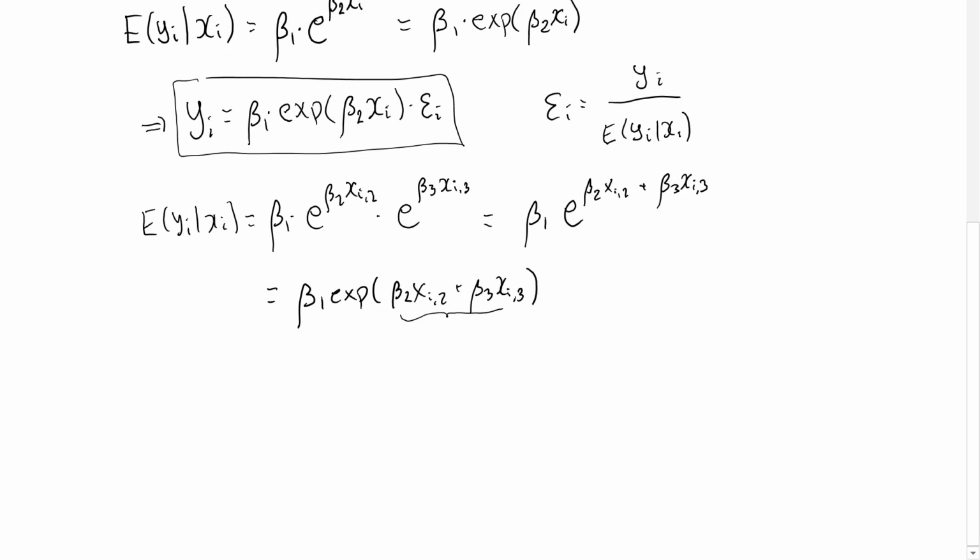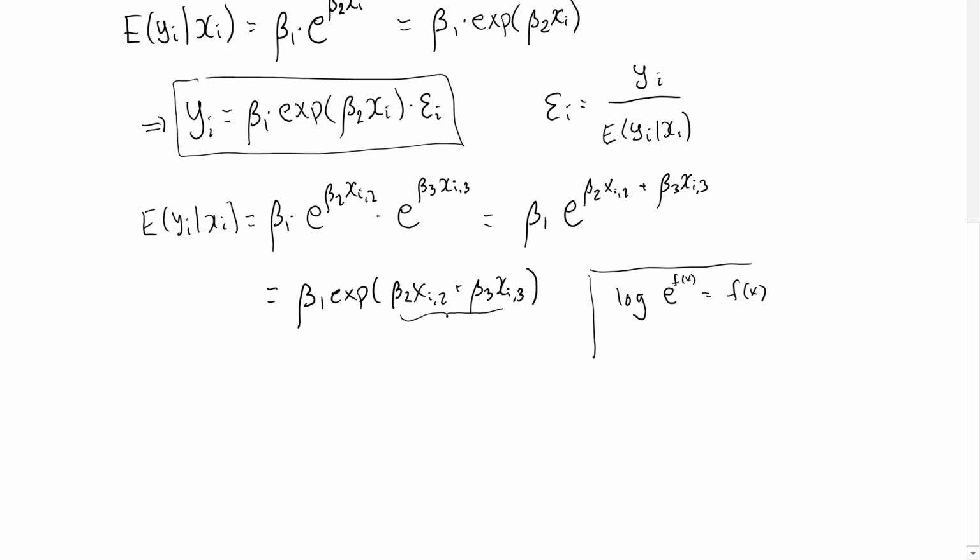Again, this formulation is not a regression model. A regression model needs to have an additive error term, but we can easily make it into a regression model. We need to add one more log rule from the log lecture, and that's the following. The logarithm of e to any function f of x is f of x.